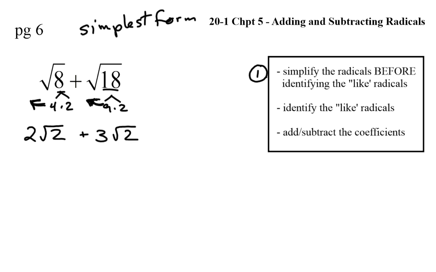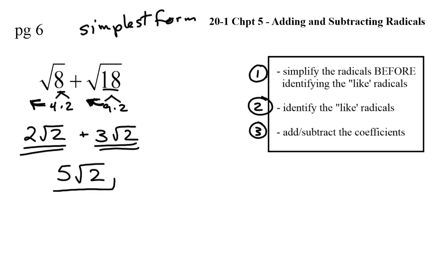Once we've simplified, well, now we hopefully see, if we've done it correctly, that we have like radicals. And now I can just add and subtract the coefficients. 2 root 2s plus 3 root 2s means I have 5 root 2s, or 5 root 2, as the sum when I combine the radicals.